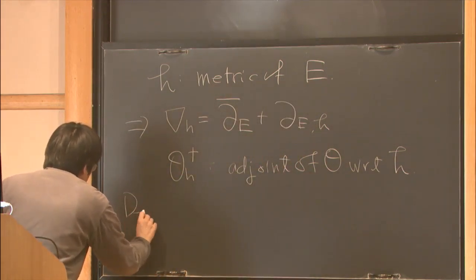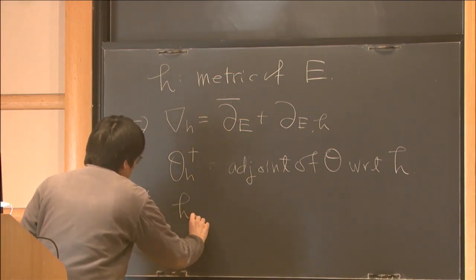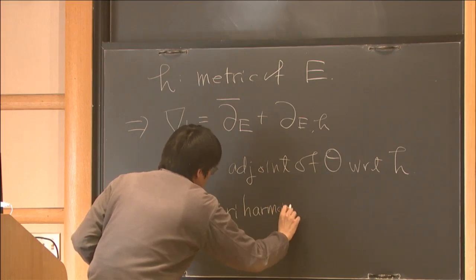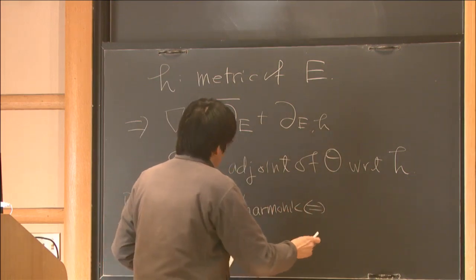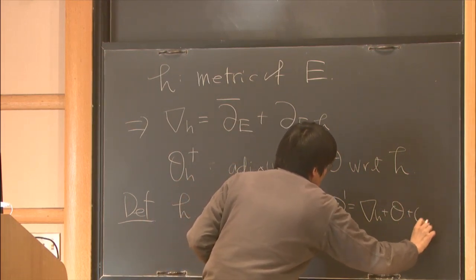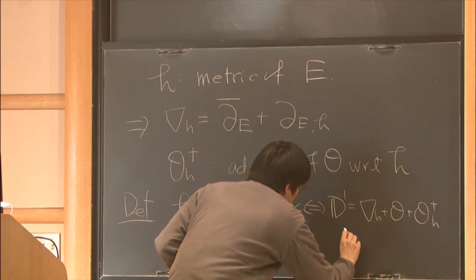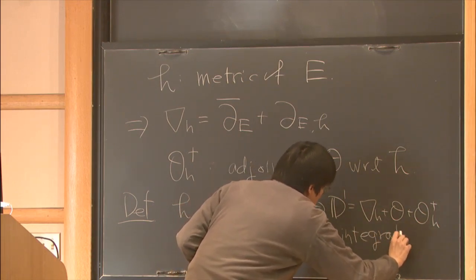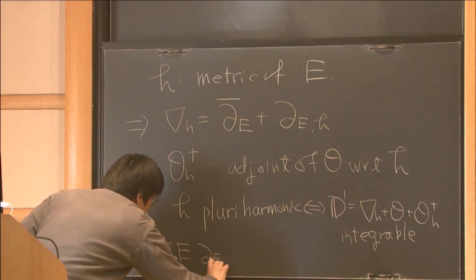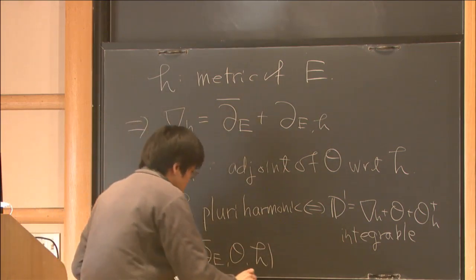Then the metric is called pluri-harmonic if the connection obtained as the sum of the Chern connection and the Higgs field and its adjoint is integrable. And in this case, the tuple of the Higgs bundle with the pluri-harmonic metric is called a harmonic bundle.